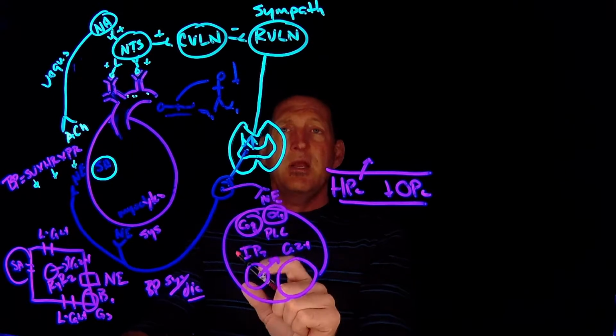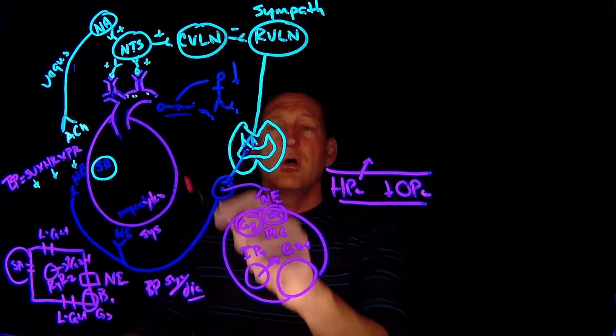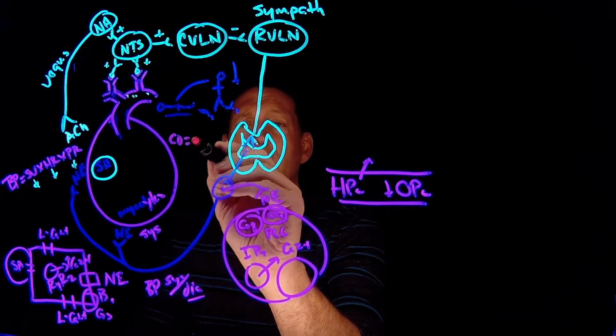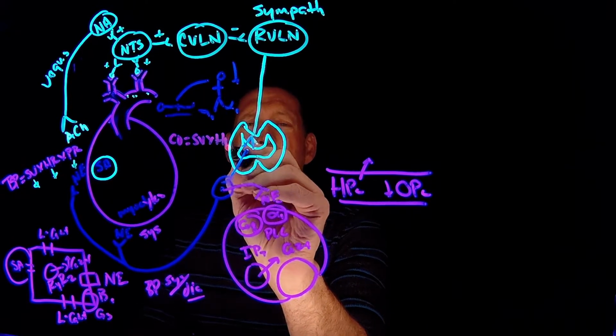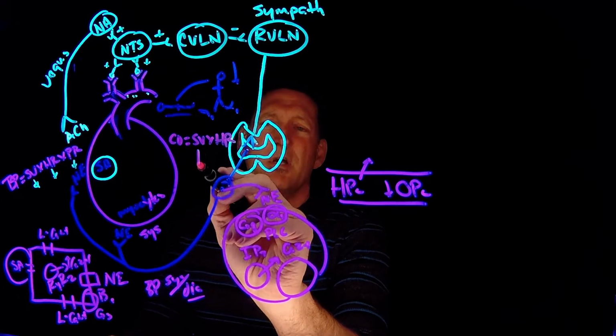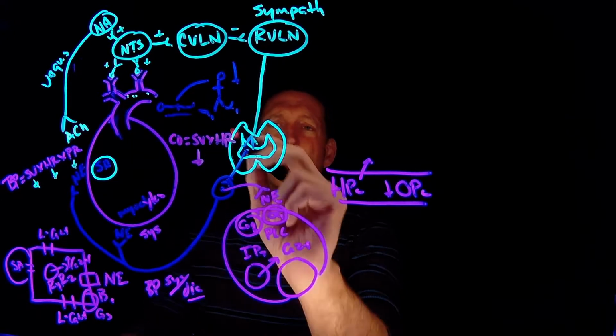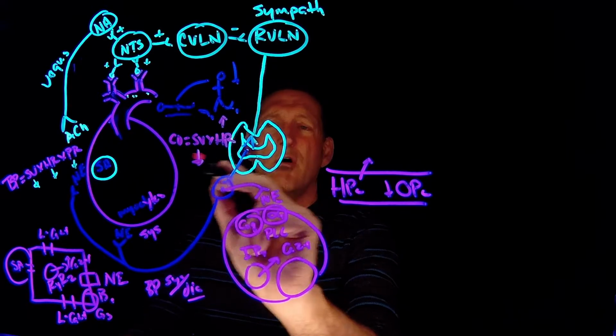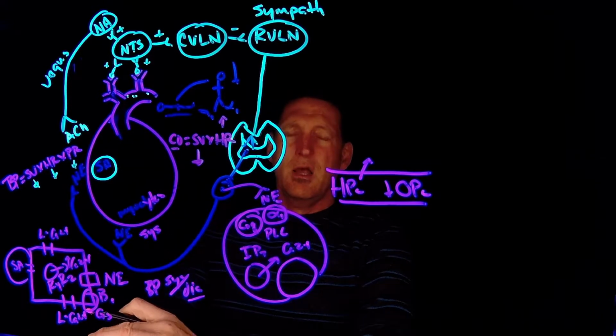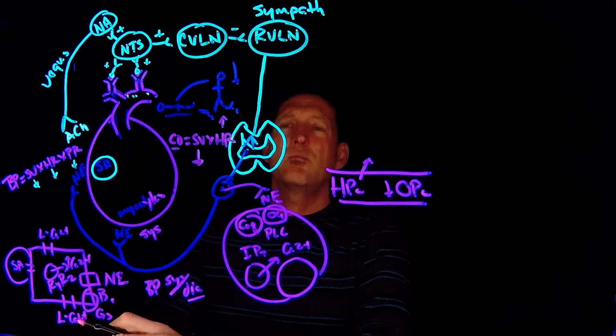And so they need to maintain a set cardiac output. So the cardiac output equals stroke volume times heart rate. Well, I can't maintain my stroke volume because my volumes are too low. So what I'm going to do is increase my heart rate in order to maintain their cardiac output.